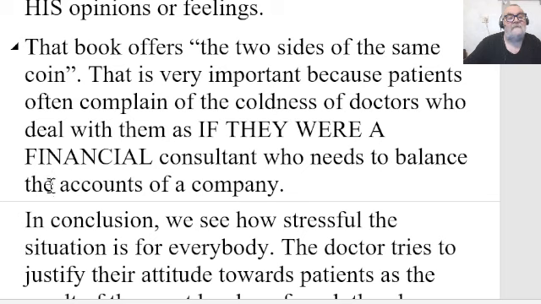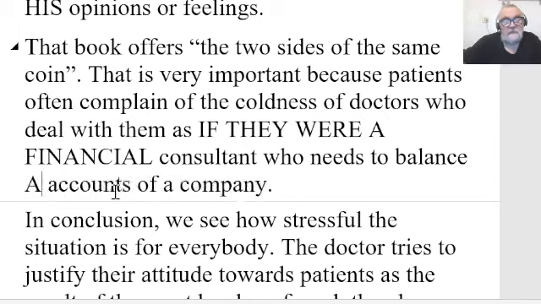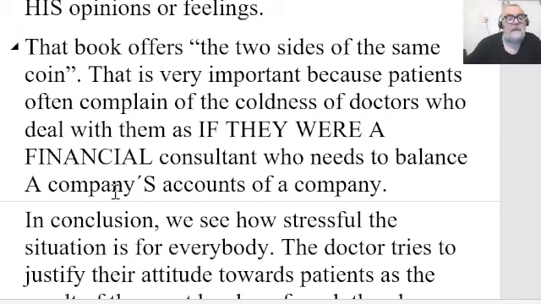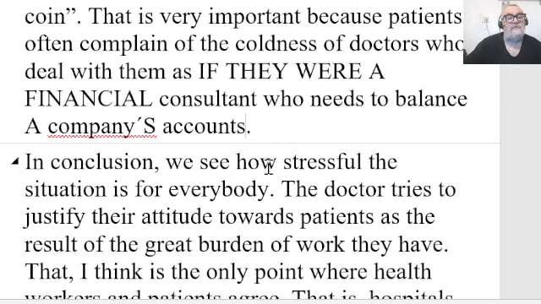I think to balance a company's accounts. The accounts of a company is not wrong, there's nothing wrong with it, but who needs to balance a company's accounts just reads more smoothly.